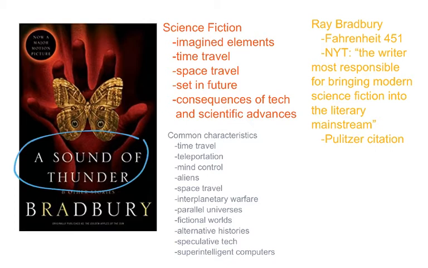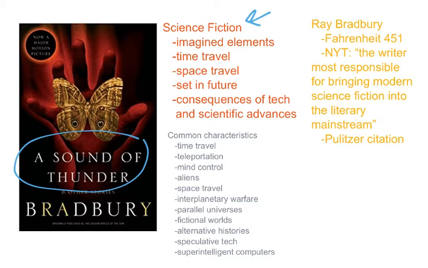I'm going to be modeling how to read his work using another story, which I'll go over in just a minute. But both stories are in the science fiction genre. Now, the science fiction genre has other subgenres within it that we have read stories from.